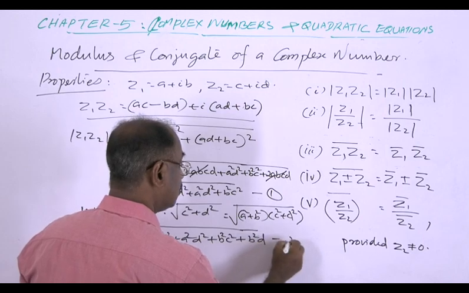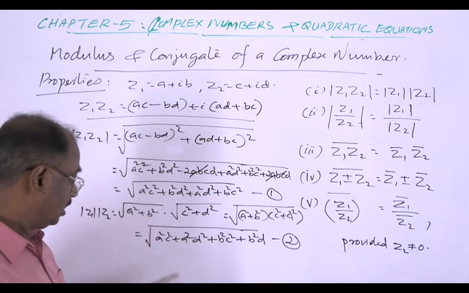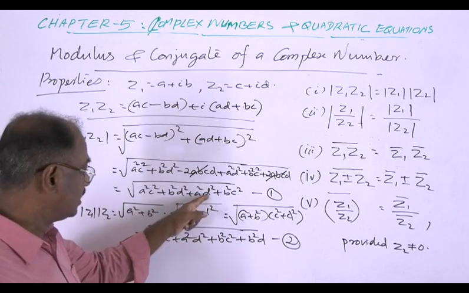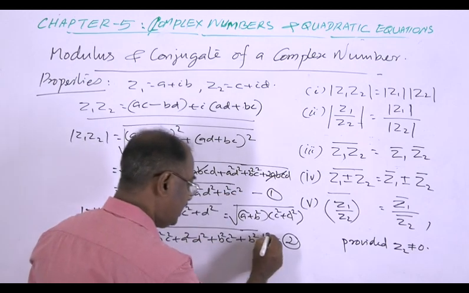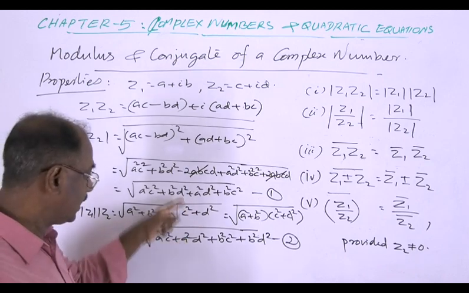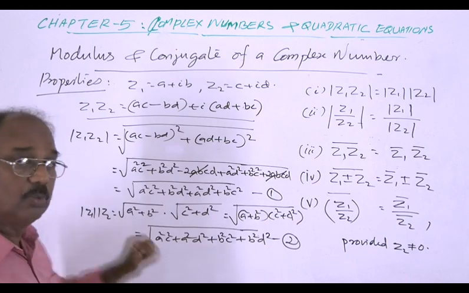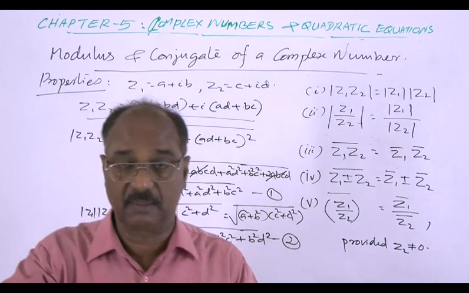So compare this one and relation 2. These two are equal. That is, modulus of Z1 into Z2 is equal to modulus of Z1 into modulus of Z2, which is the first result.